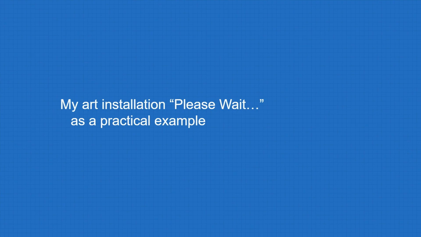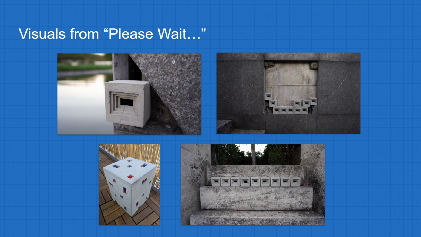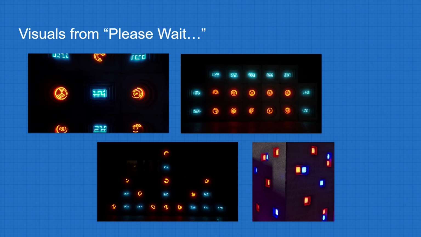So I will take my art installation Please Wait as a practical example because it's modular by essence. It's made of concrete blocks that have an OLED display in each block, and also a kind of Simon monolith that has some LED buttons on it.